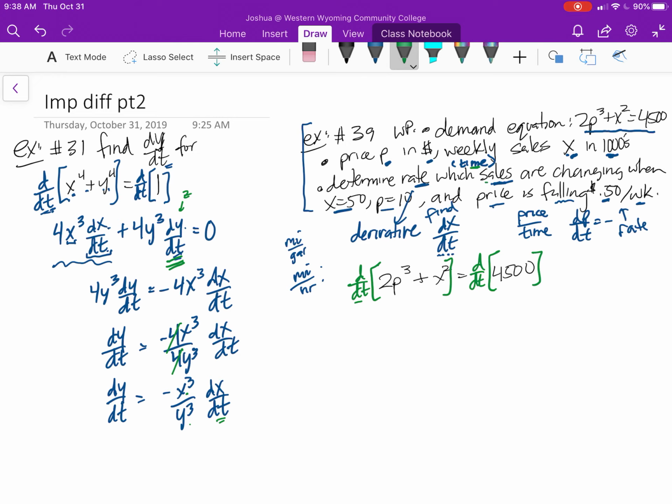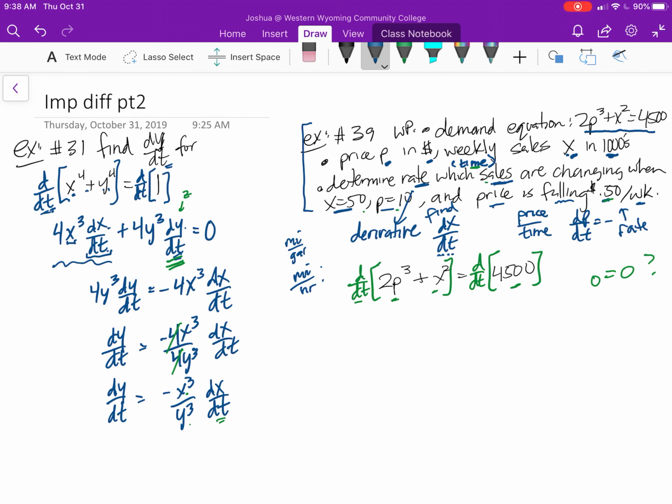Now, I know x is 50, p is 10, and we have this information. Don't plug that in now, though, because then I'd have a constant and a constant and a constant, and I'd do the derivative and I'd get 0 equals 0, and it's like, I don't know what to do with that. So before you make substitutions, do the derivative.